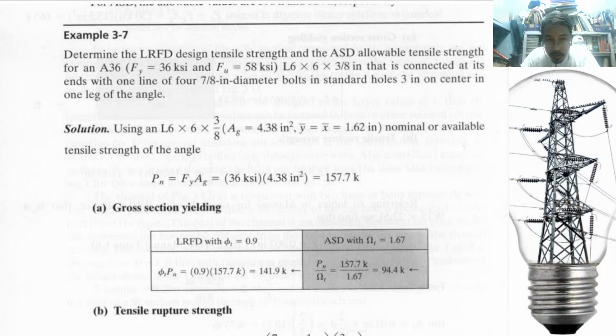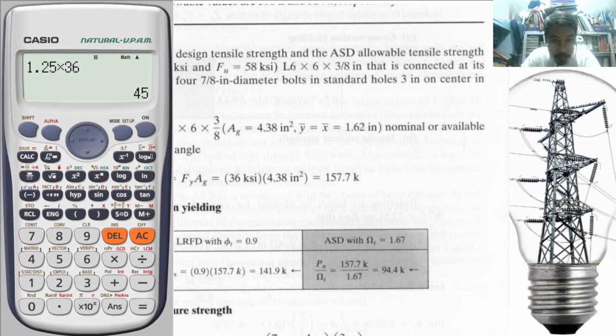So, let us show that to you so that we can check also if there are errors. So, let us check. So, we have 4.38 multiplied by 36 because 36 is the strength.